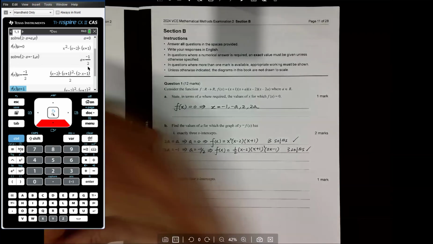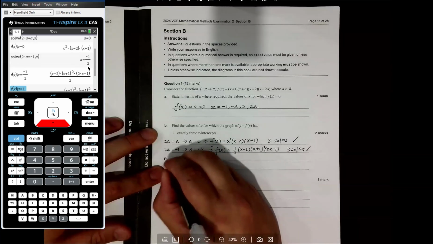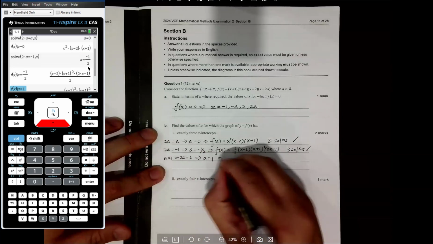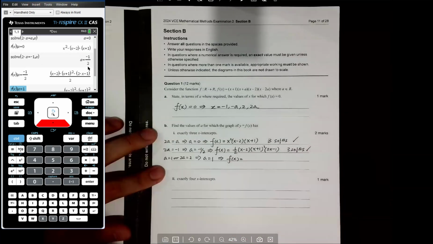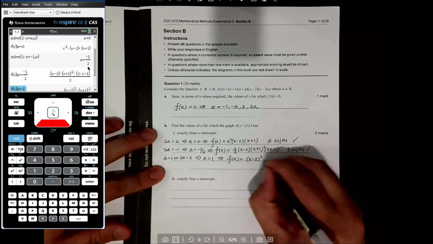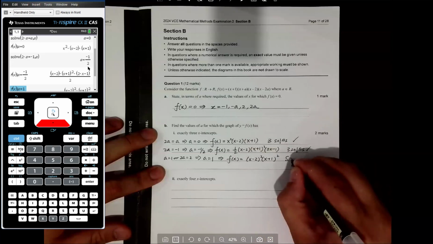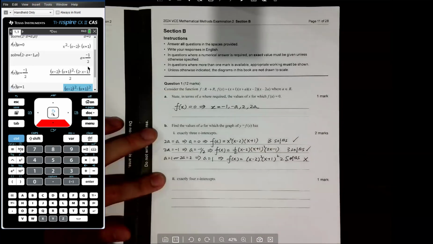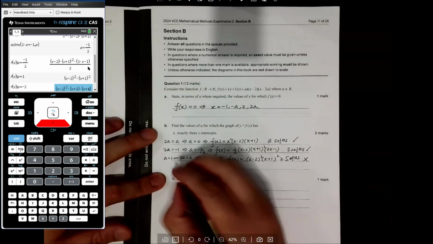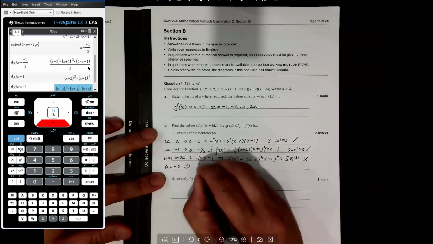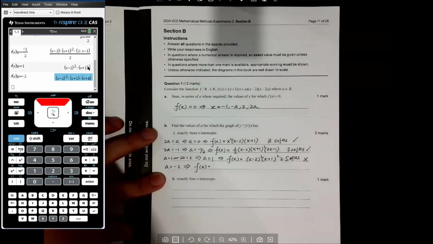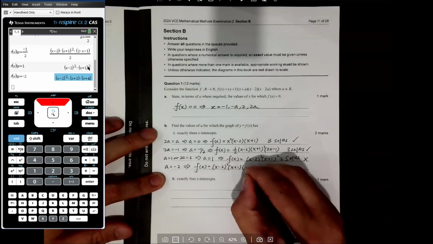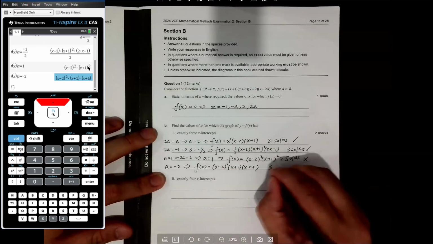And then if I have 2a equals 2, giving me a equals 1. That actually gives me f of x equals (x minus 2) squared (x plus 1) squared. 2 solutions. Nope. And finally, I have a case where a equals minus 2, for example. That gives me f of x equals (x minus 2) squared (x plus 1)(x plus 4). 3 solutions.